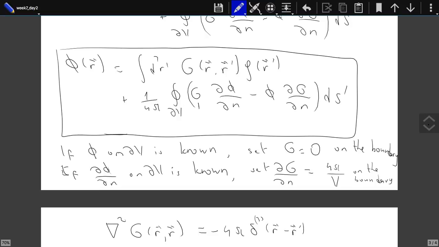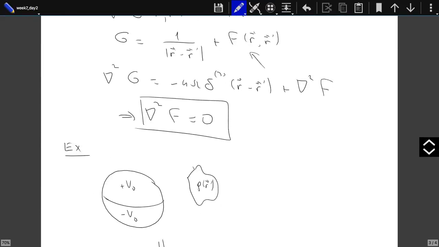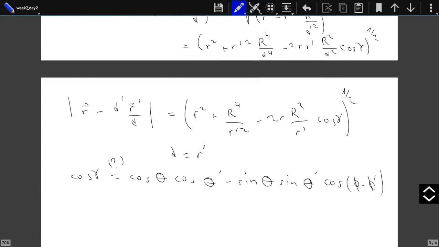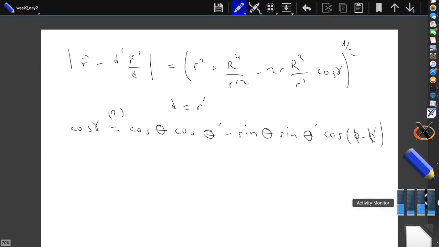You can just integrate them numerically. Now, any questions on how do we apply it?